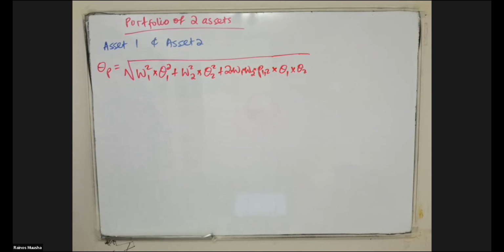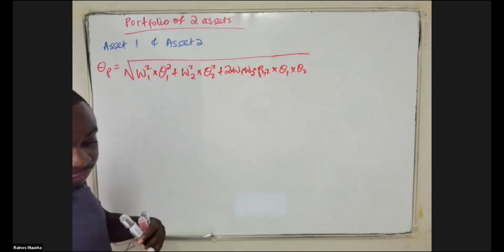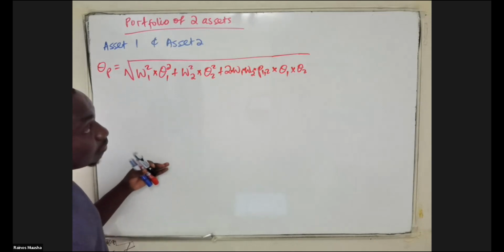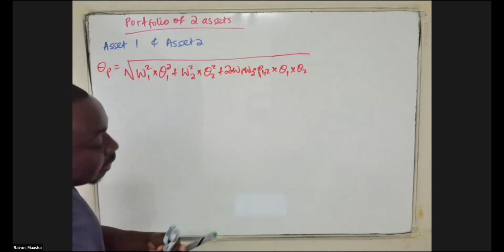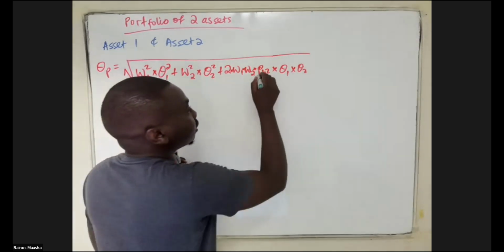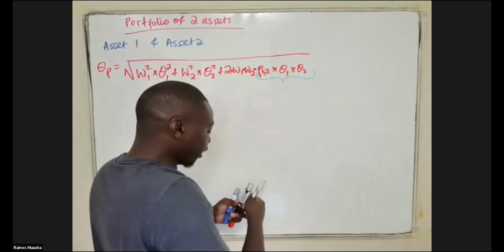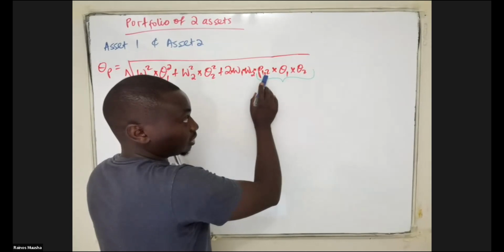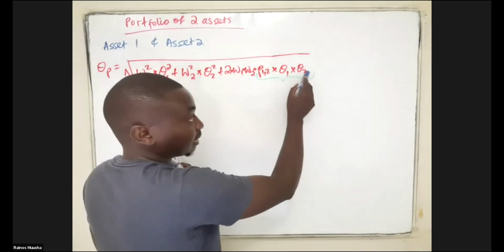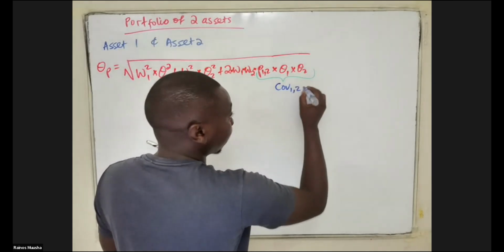The reason why I'm giving it to you this way is because we need to have a bit of consistency, as how they give it in the textbook is more or less the same as what we have. But there's another important point to take note of: the correlation coefficient of asset 1 and 2 times the standard deviation of asset 1 times the standard deviation of asset 2 gives us the covariance of asset 1 and 2.